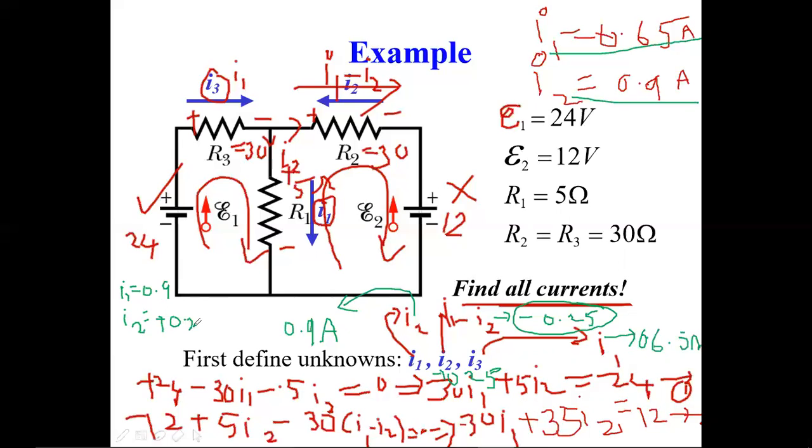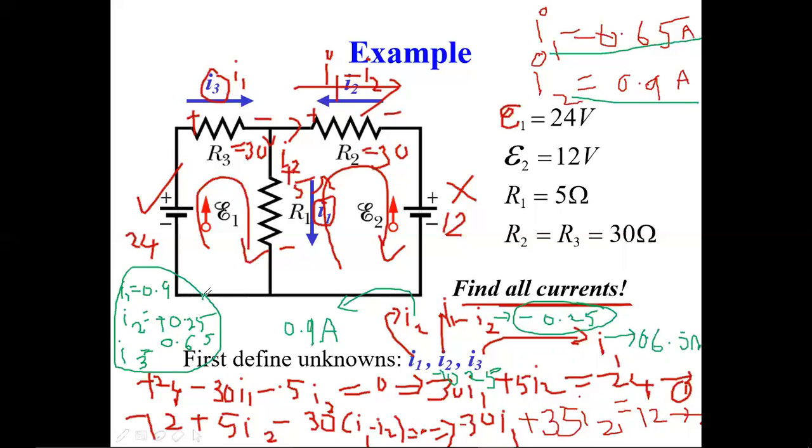Correct. Next, what about the I3? I3 is nothing but your I1, 0.65. So these are the currents you got based on your rules.